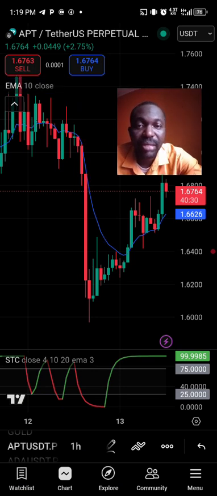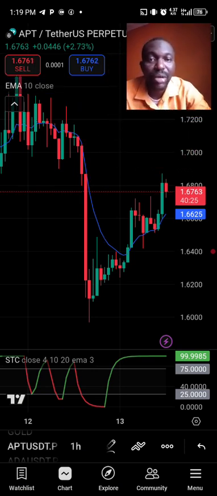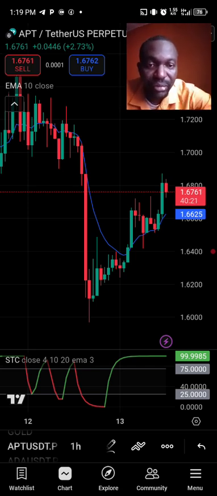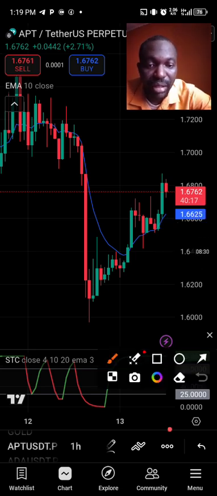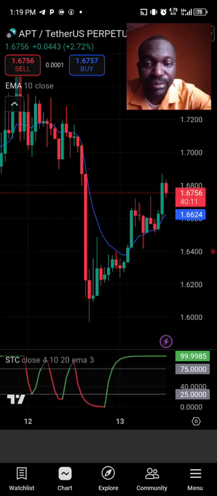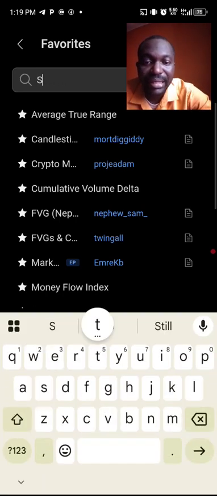So as you can see, our EMA has now been plotted on the chart. The next one we're going to look at is what is called the Schaff Trend Cycle. So the same place we went to, right here, we just go there and select indicator. This time around we're going to type STC.